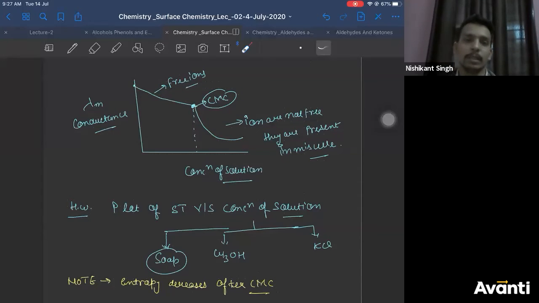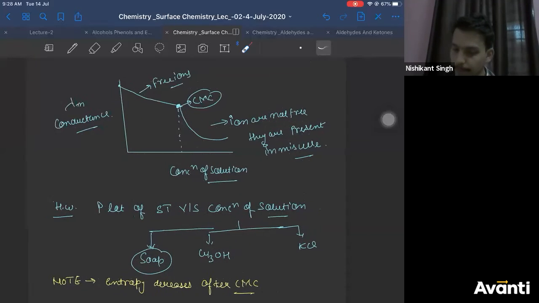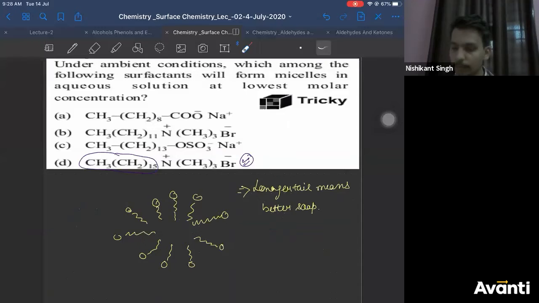So with the increase in concentration of solution, conductance decreases. This is also one of the graphs from electrochemistry you have seen: the lambda versus root C graph comes like this for a strong electrolyte, right? With increase in concentration, conductance decreases. Yeah, so that's what we had discussed.